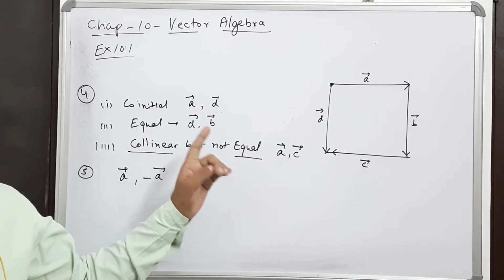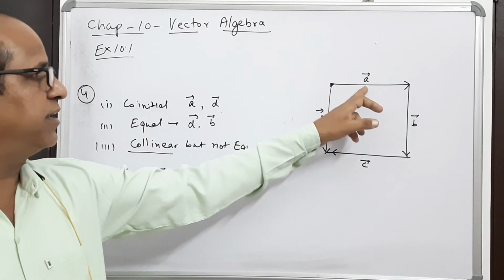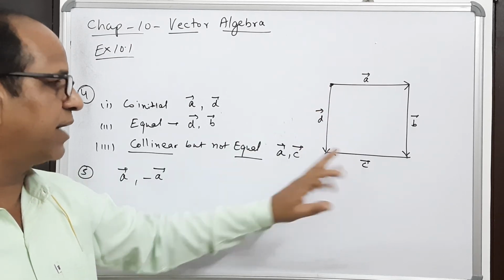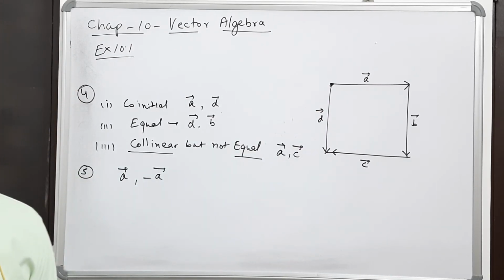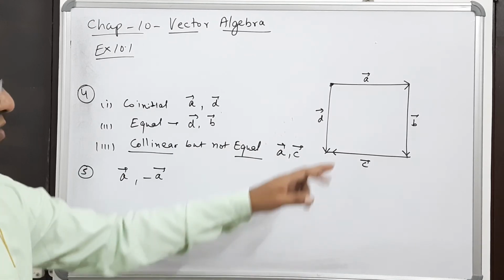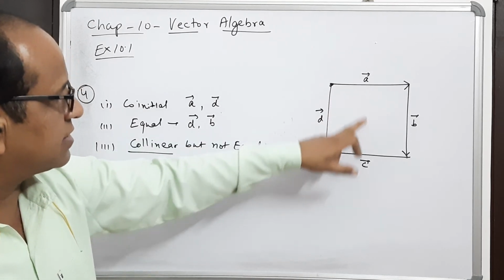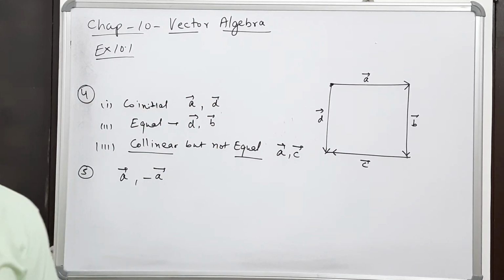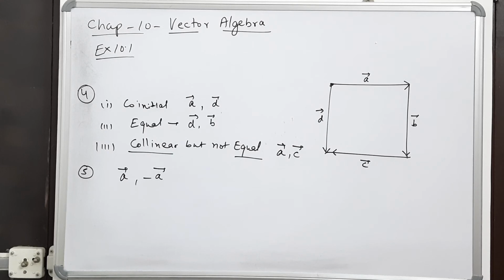This is again false. The magnitude of A and magnitude of C is equal, but still they are not equal. So we can say that these two vectors are collinear but not equal. So it is not true. The last one is also not true.